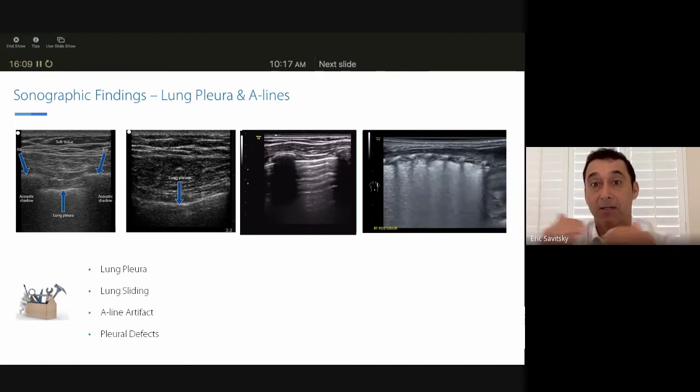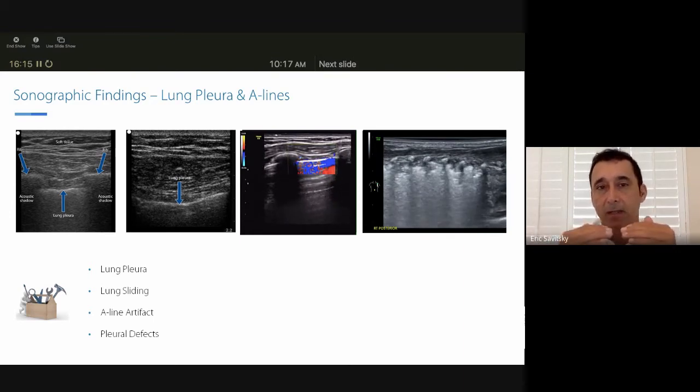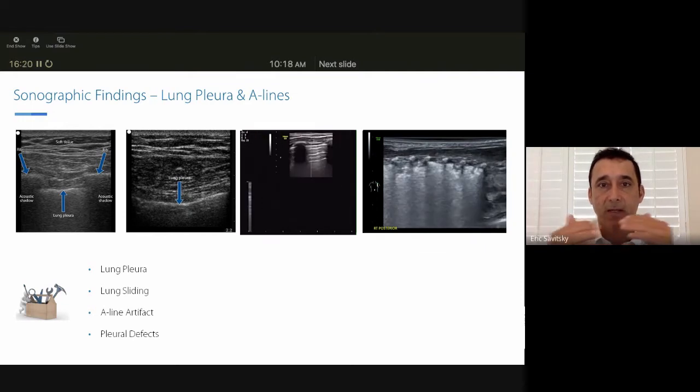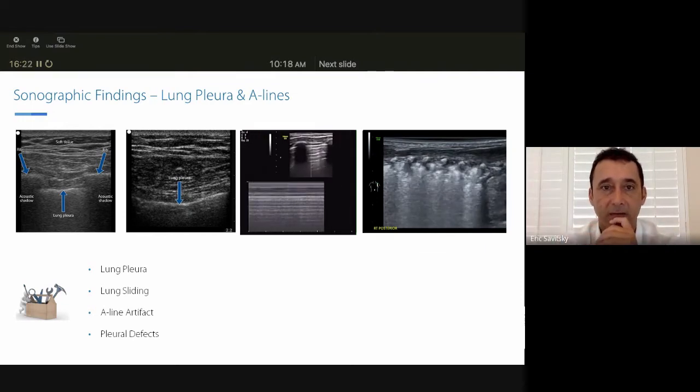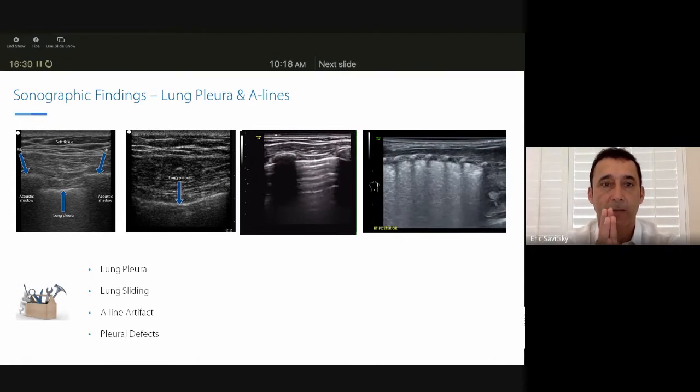They're going to move in two planes and not necessarily track the exact movement of the ribs. So there'll be a little bit of kind of asymmetry in that movement, and that very often helps identify that lung sliding. So once again, you can apply color flow Doppler and M-mode Doppler, and those are some additional modalities which we'll talk about that can further help document that there is lung sliding present.